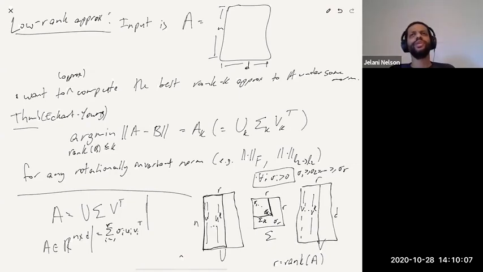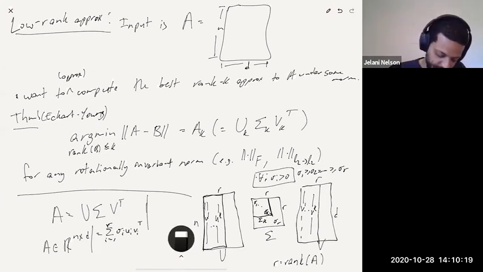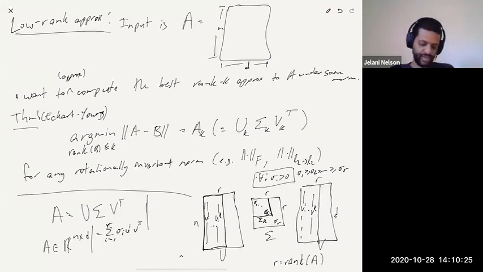These should be superscripts, these are the columns of U and V respectively.